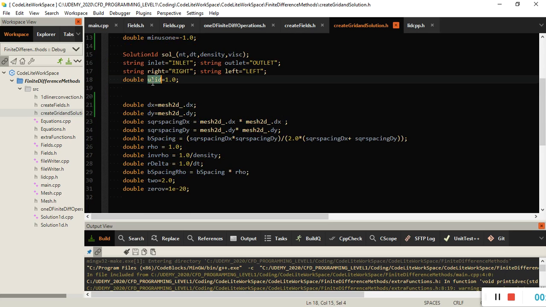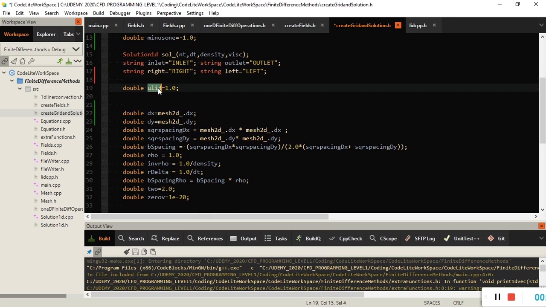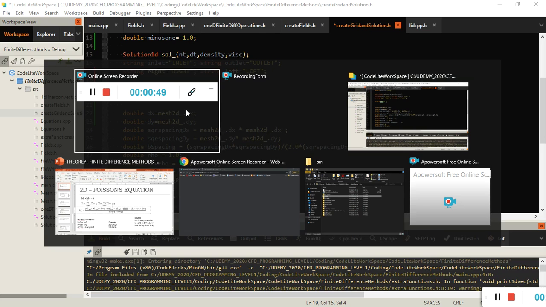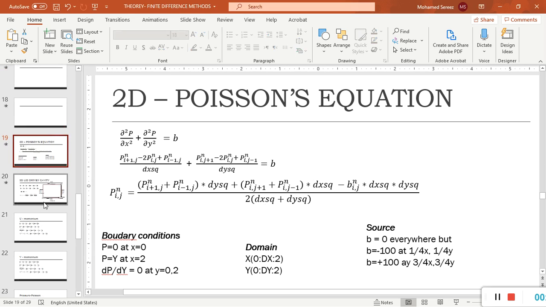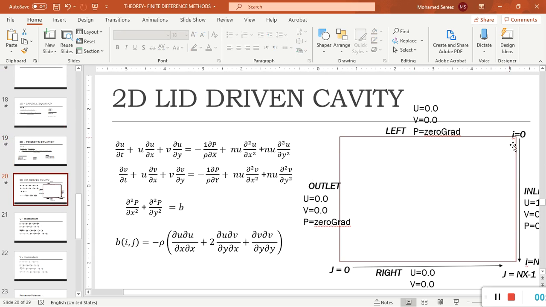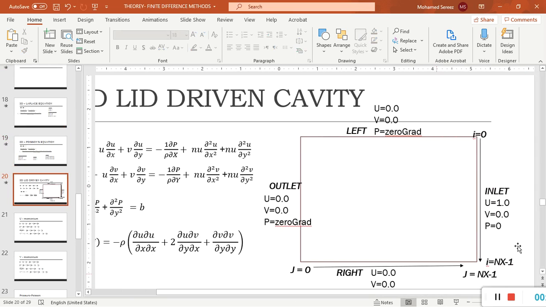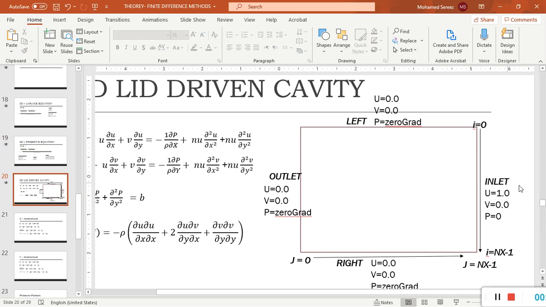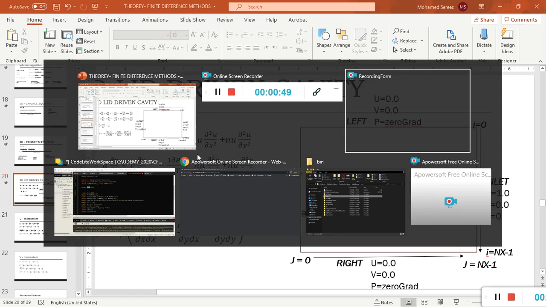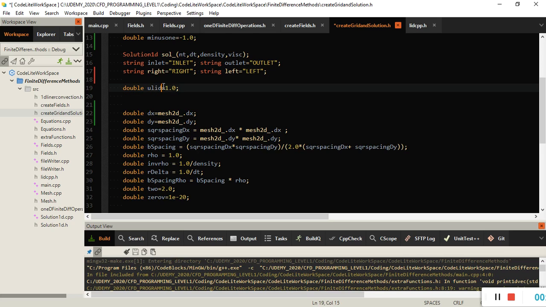Now just to give some values, because we discussed this in the presentation, it shouldn't be unfamiliar. We said that the velocity at the inlet is equal to a value of 1.0. So I am just writing ahead that u lid is equal to 1.0.